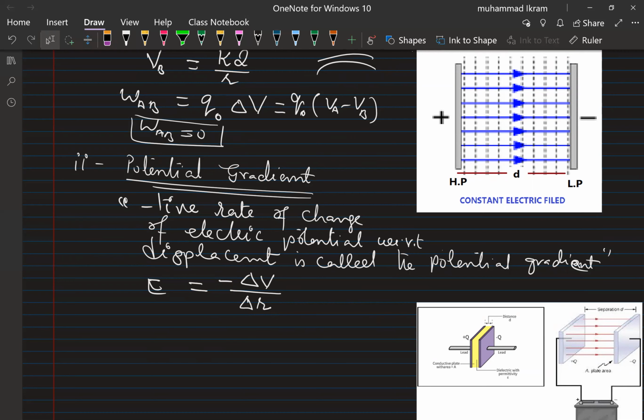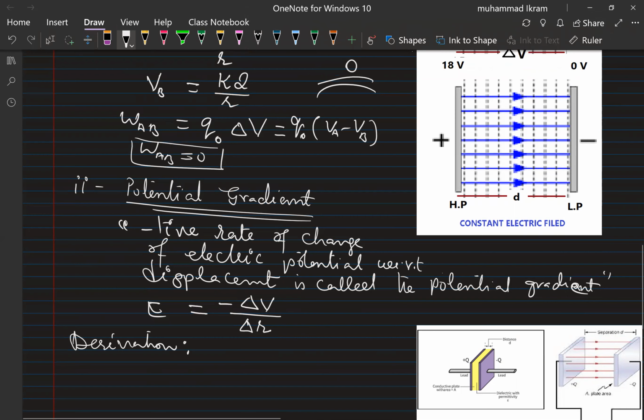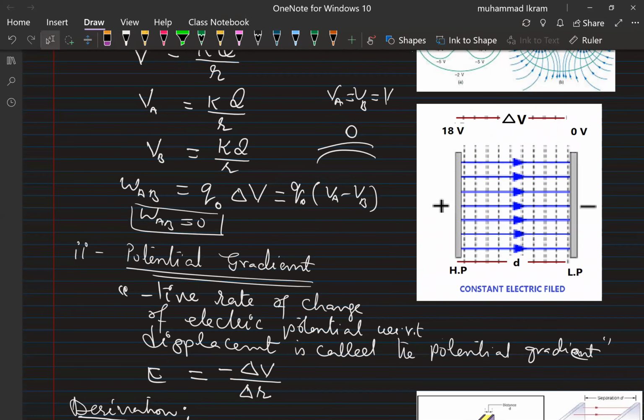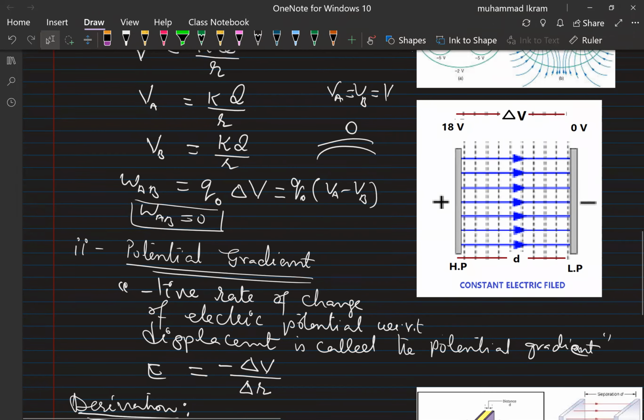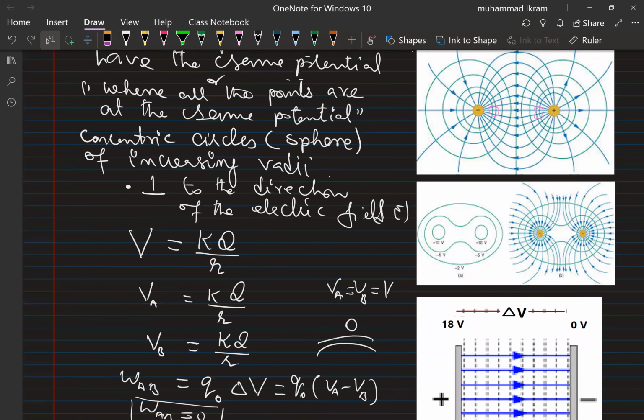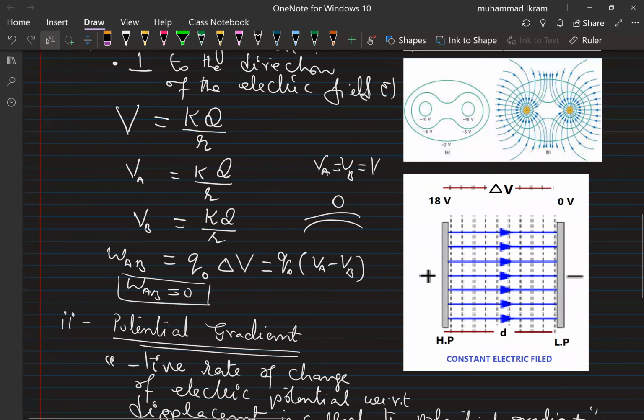Let us derive this relationship. In order to derive it, I just want to tell you that the equipotential surfaces that I showed for a single charge are for the varying electric field.